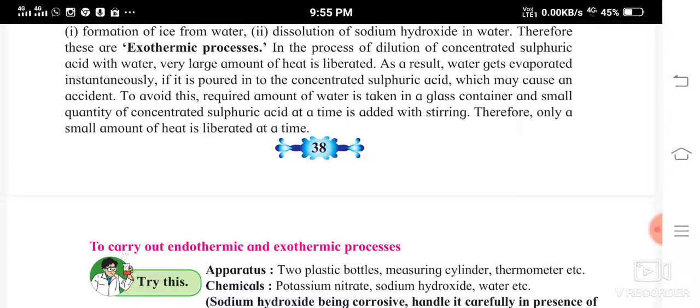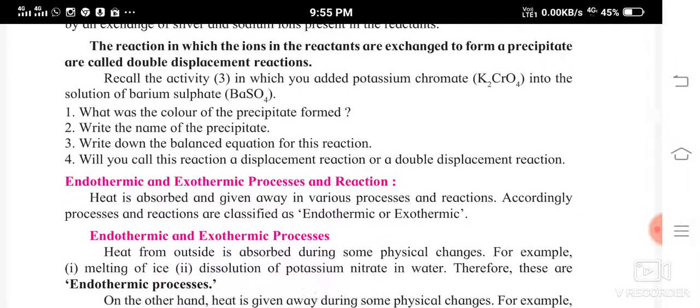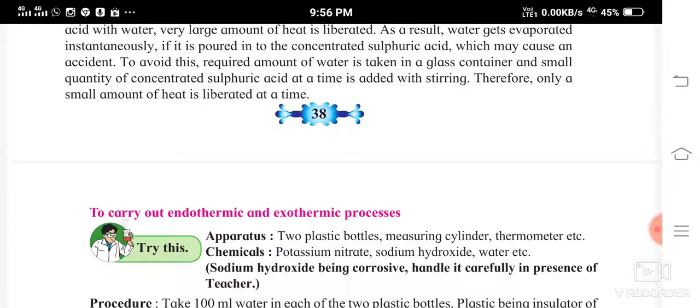Then I have shown you some activities and examples regarding these reactions, and I have also explained endothermic and exothermic processes and reactions. The activity part we will continue in the next video.